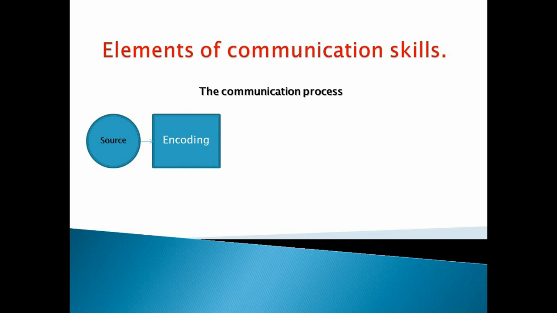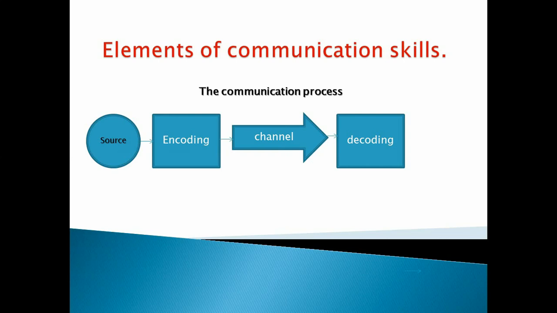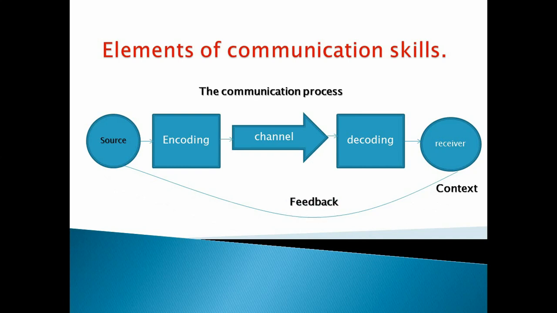Then that message is encoded through a channel and decoded by the receiver, and this entire thing is known as the context. And at last we take feedback on the message that is conveyed. So if we want to see one by one, let's see first about the source.